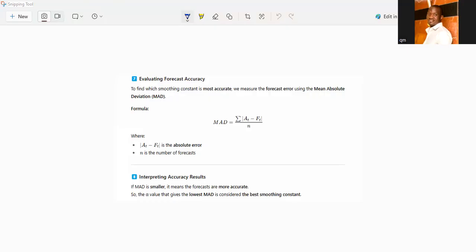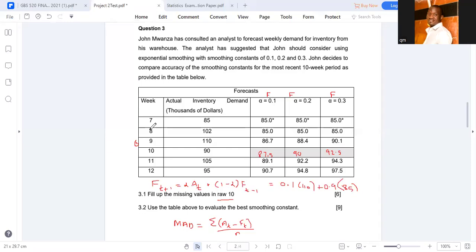We add them up. So we start with 0.01. What is our calculation there? Under 0.01 here, how many are there? We have 1, 2, 3, 4, 5. So we need to calculate the mean absolute deviation for each of them.